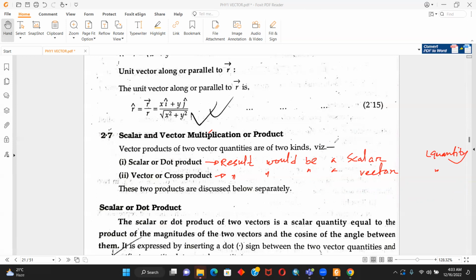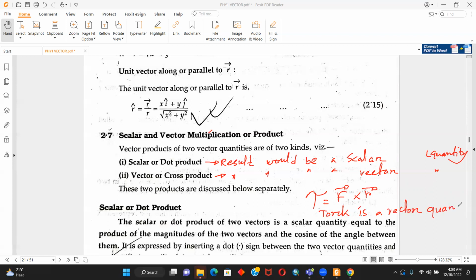And the example for this could be torque. Torque equals r vector cross F vector, and torque is a vector quantity. Just showing you the examples.